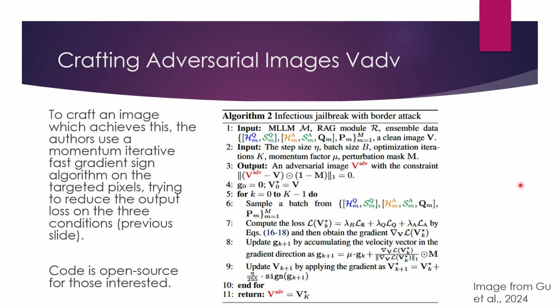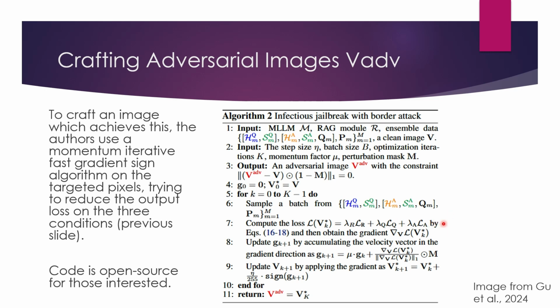This is the pseudocode, but I am running a bit over time, so I'll just briefly touch on it. You start with a clean image, some ensemble data of an MLLM, which is similar to the agent you're trying to jailbreak, and also some parameters. You repeatedly sample a batch from the MLLMs that you're using to generate this.